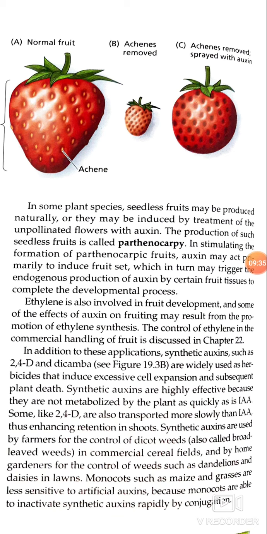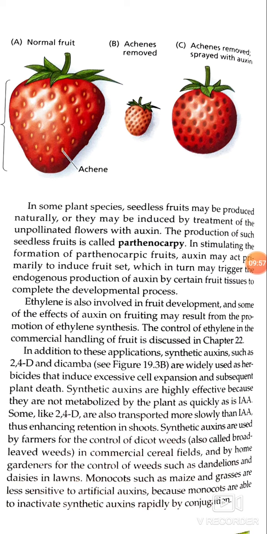Synthetic auxins are highly effective because they are not metabolized by the plant as quickly as indole acetic acid. Some, like 2,4-D, are also transported more slowly than IAA, thus enhancing retention in shoots.